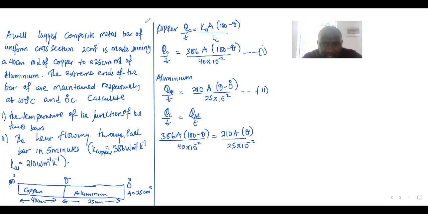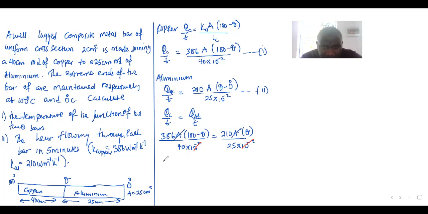When we simplify, we shall realize the 10 power negative 2 is lost on both sides. Okay, let's cross multiply straight away. Don't need to divide by 4. Let's leave this out. So I can lose the A by division.